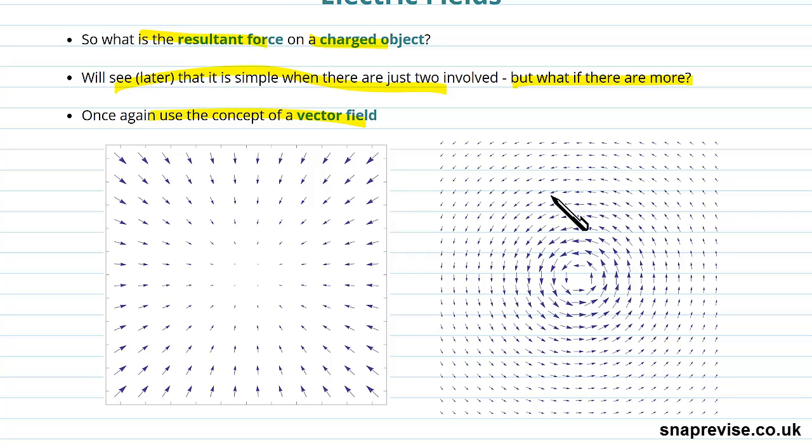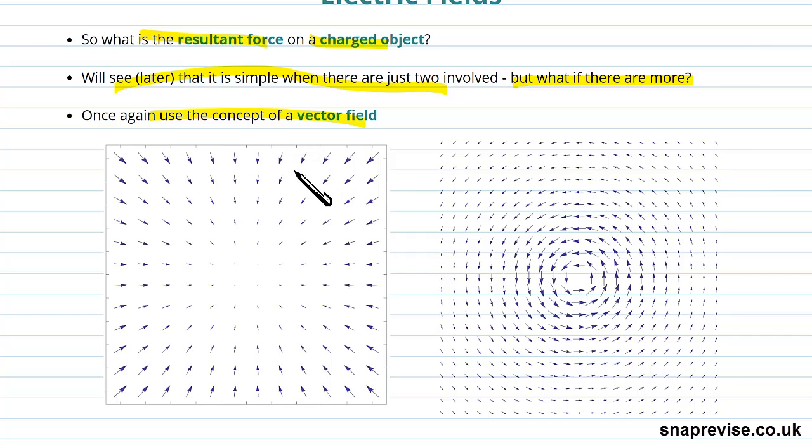These are just a couple of examples of vector fields. These definitely aren't the one and only vector fields experienced by charged particles. This one would be the electric field generated by a negatively charged particle. This is not a vector field associated with any sort of charged particle, but they are both examples of vector fields.